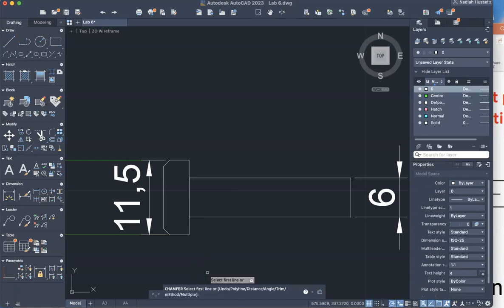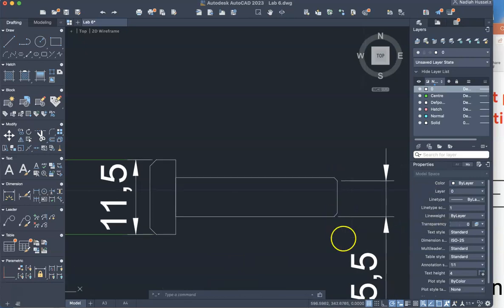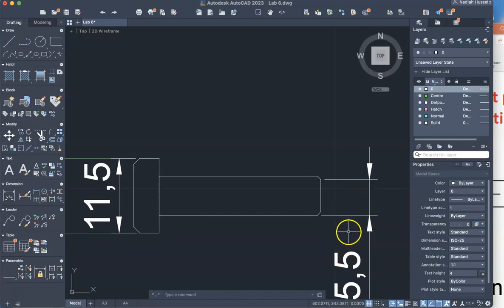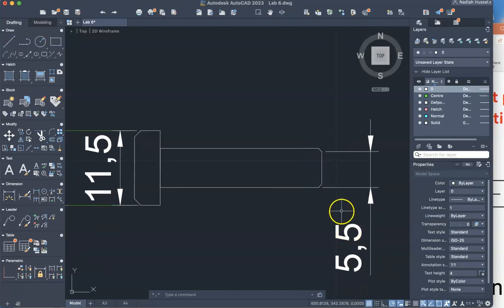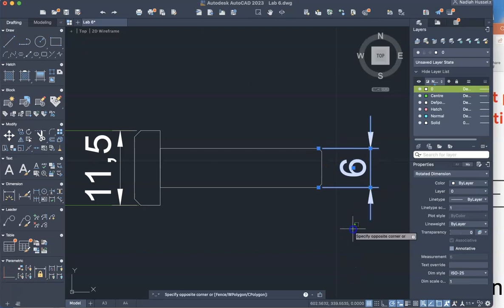So again, I'm going to click on enter, which gives me my chamfer function, and then type in capital D, 0.5 for my distance number 1, 0.5 for my distance number 2. You can see that the dimension of this guy is now 5.5 because it's measuring from here to here. You want to adjust this to measure from here, so it is still 6.